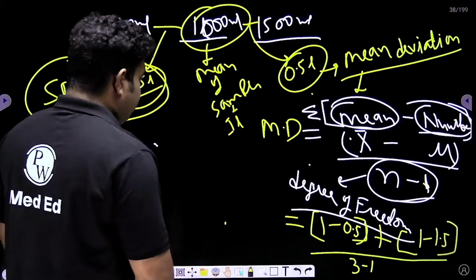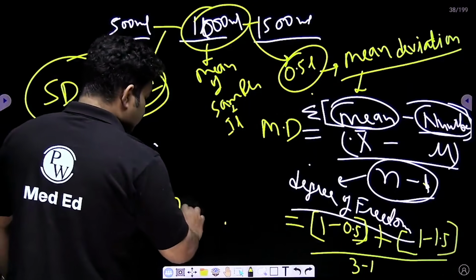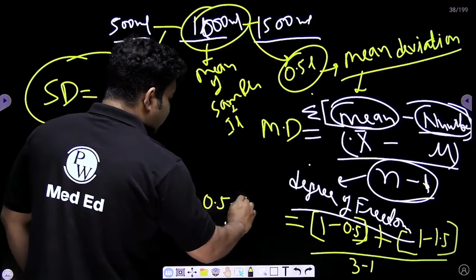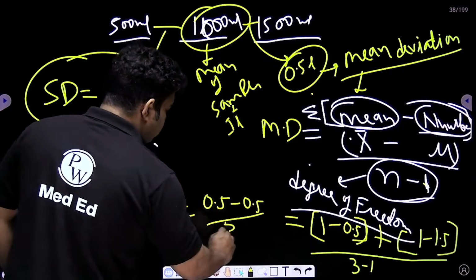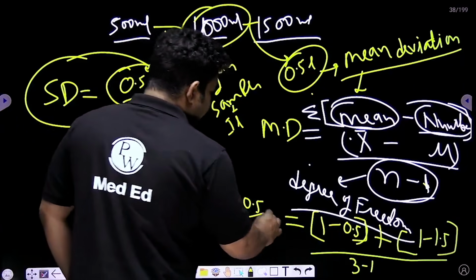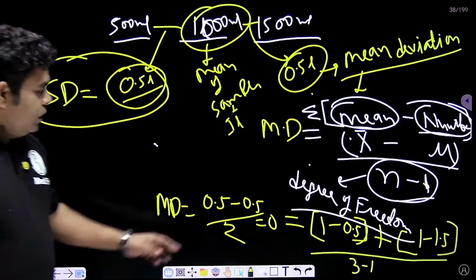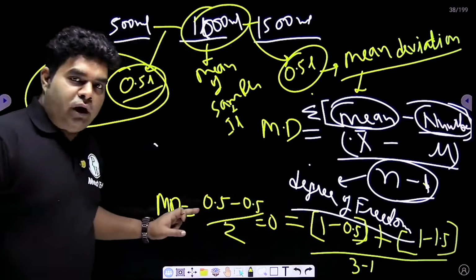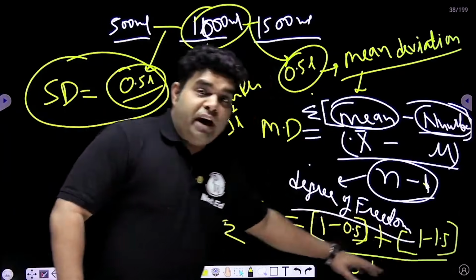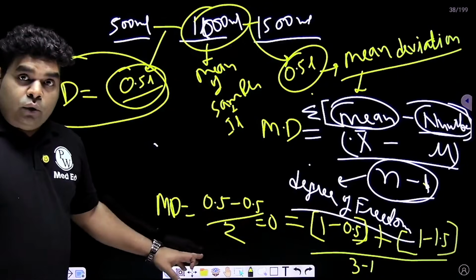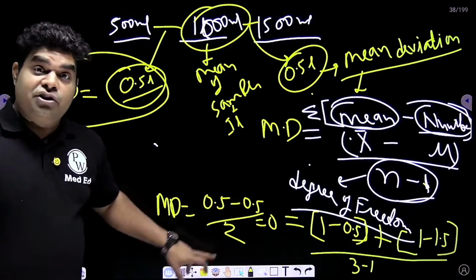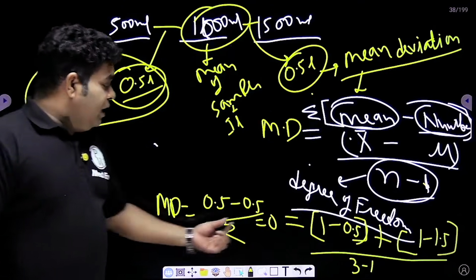If you try to solve it, mean deviation will come as 0.5 minus 0.5 by 2. So the answer will come 0. Because here 1 minus 0.5 will be 0.5, 1 minus 1.5 will be minus 0.5. So this minus and plus will cancel each other, and mean deviation will come 0.